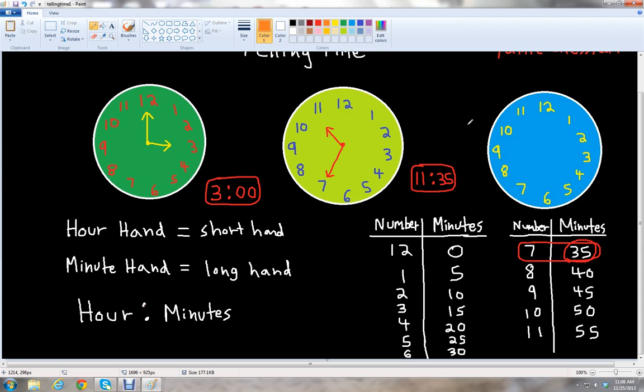Okay, so let's do another clock here. Let's say we have this time.